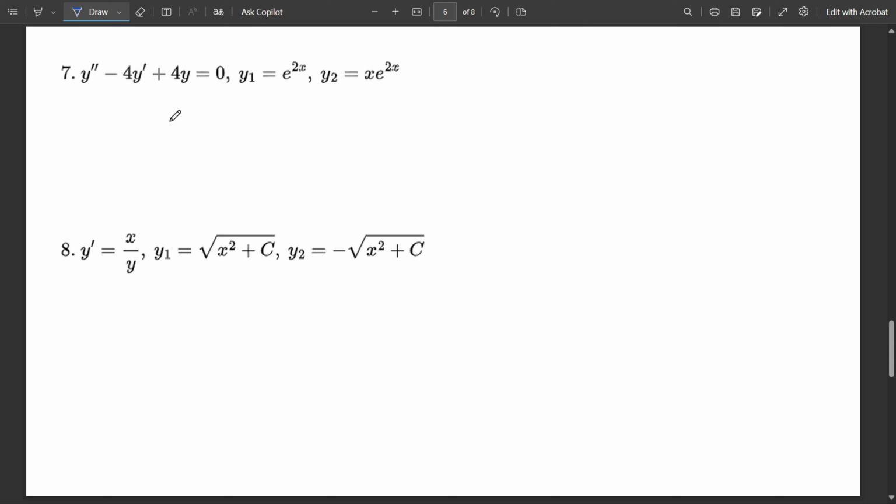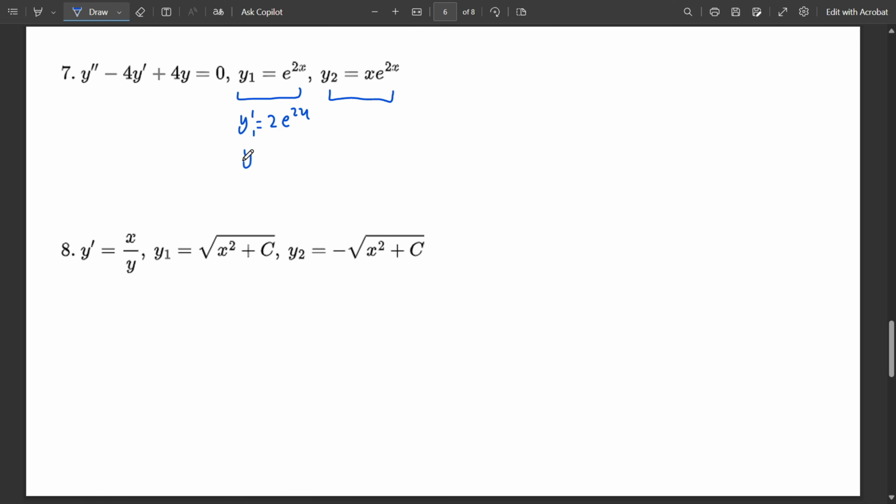Okay. We have y double prime minus 4y prime plus 4y equals 0. We have proposed solutions y1 equals e to the 2x and y2 equals x e to the 2x. In here, this is a second order differential equation, so the highest derivative is y double prime, so we need to take the derivative until y double prime. So we have y prime of the first proposed solution, which is just 2 e to the 2x.